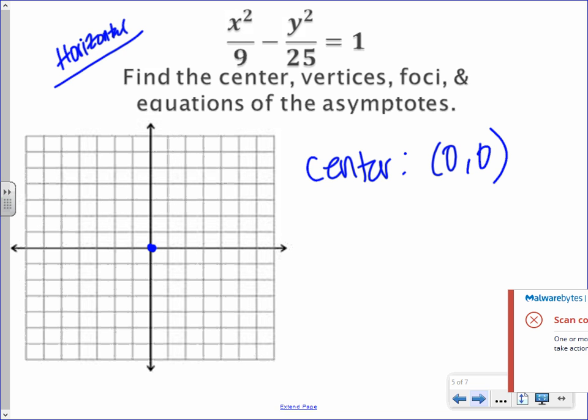All right. Now, for our vertices, let's go ahead and identify A and B. Since the denominator of our positive variable is 9, that means A is 3.